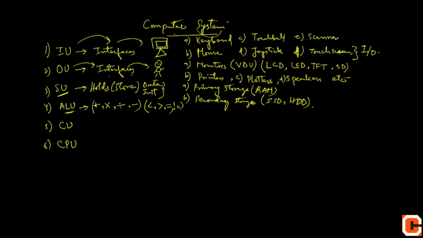So during processing of a job, a computer transfers data and instructions stored in its primary storage, that means the primary memory, the storage unit, to the ALU as and when needed. So when it is needed, it is provided.